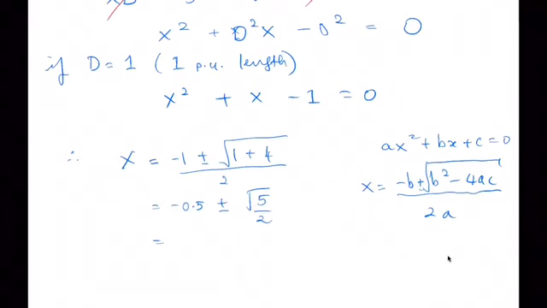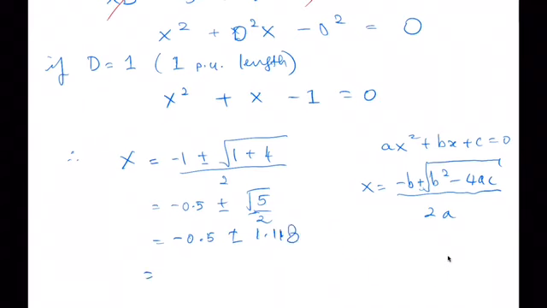We have two answers. So 2.23 divided by 2 is 1.118.